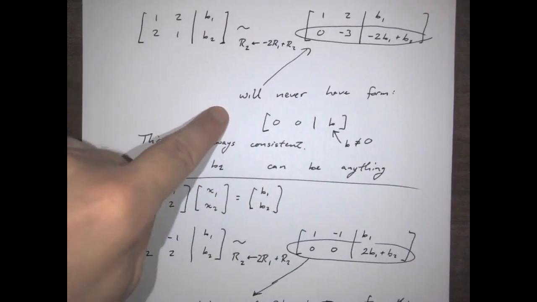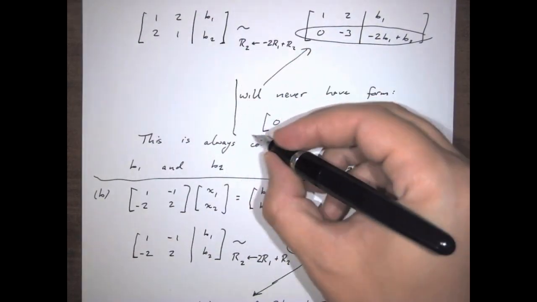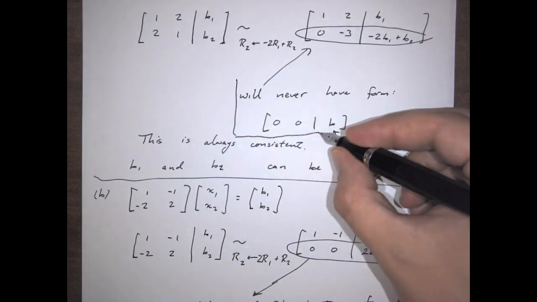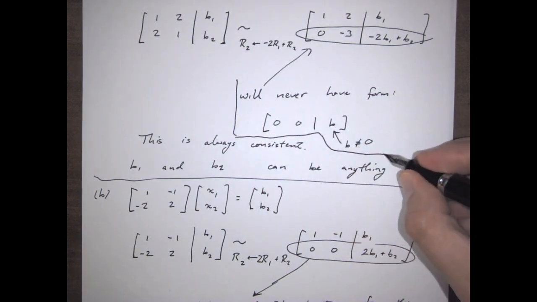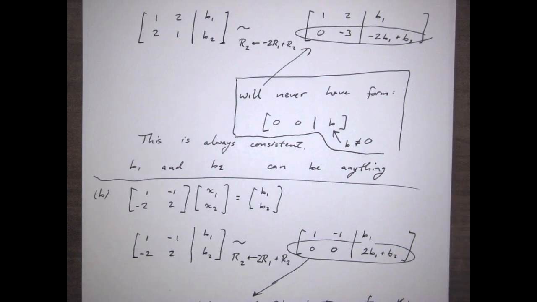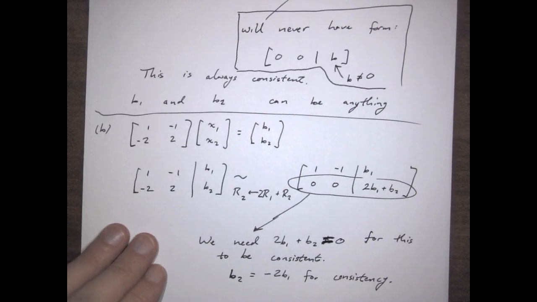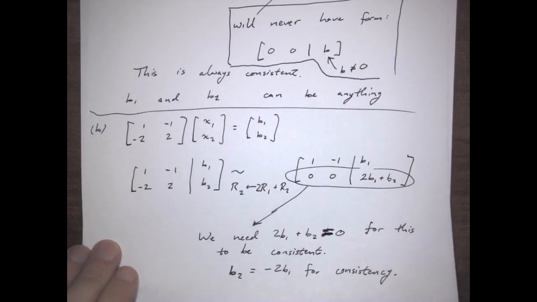Here, however, there was no danger because it was not at risk of hitting the form that was a telltale sign of inconsistency. So never have this form up here, but it will have the form down here if we're not careful. So it only has a solution if the b's have a certain form.